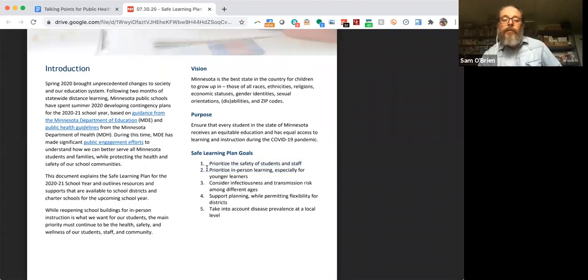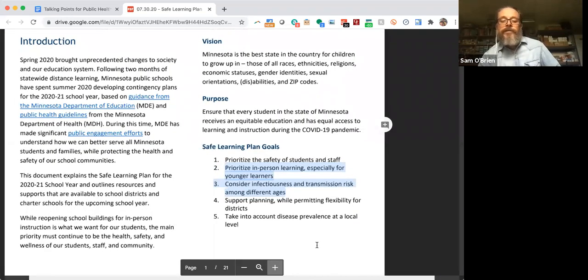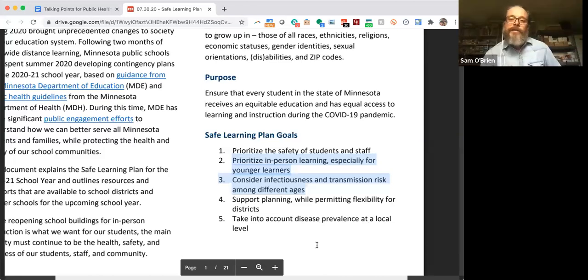Specifically, one thing I want to say, because I've had some indirect questions about it, are points 2 and 3 here in terms of in-person learning, especially for younger learners, and infectiousness and transmission risk among different ages. As a school that houses ages 6 through 18, we also need to acknowledge that transmission risk is still being studied scientifically, but we have many siblings who cross lower L, upper L, junior high and senior high, right?